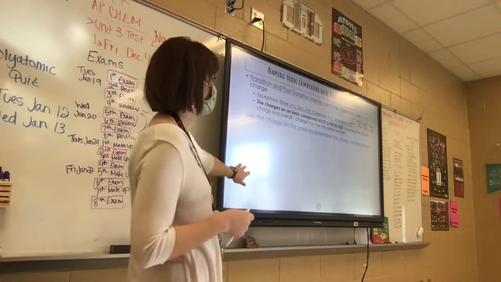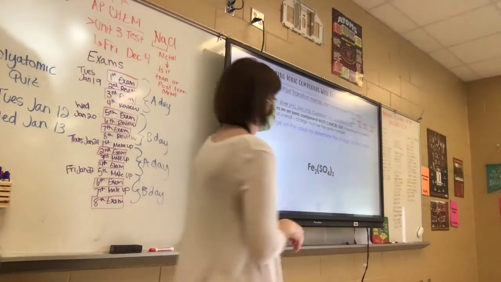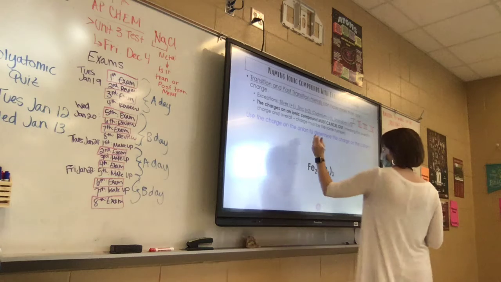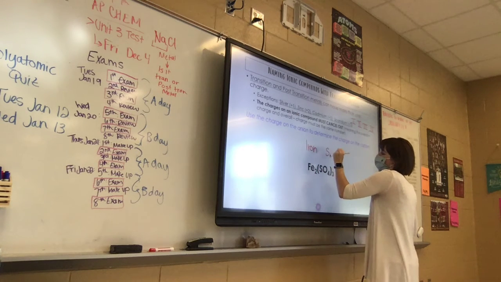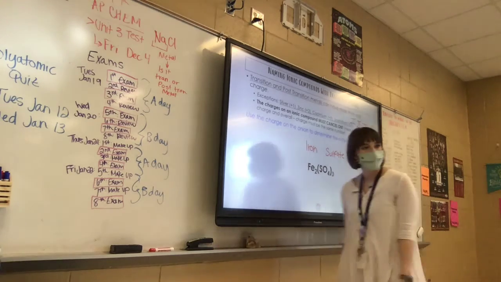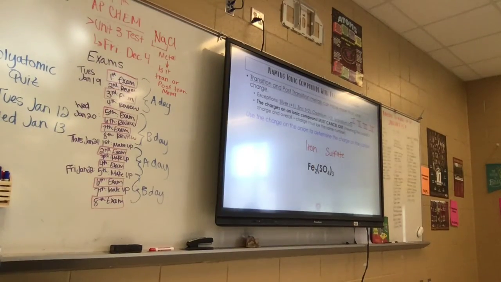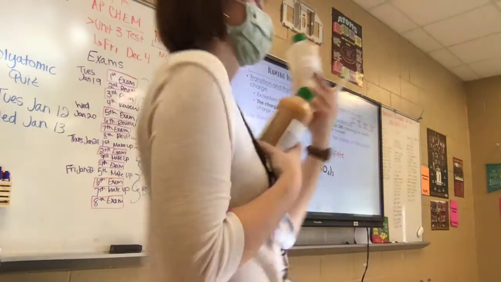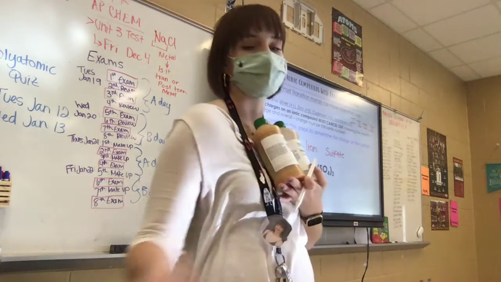So here's our example. We have iron sulfate, right? Now, I'm going to write up here iron, and I'm going to leave a space, sulfate. Now, this could be iron 2 or iron 3. Again, 2 big differences. This is iron 2. This is iron 3. Completely different properties, okay?